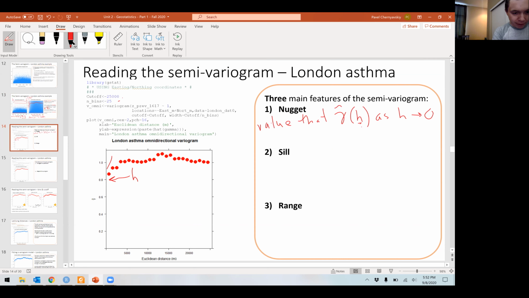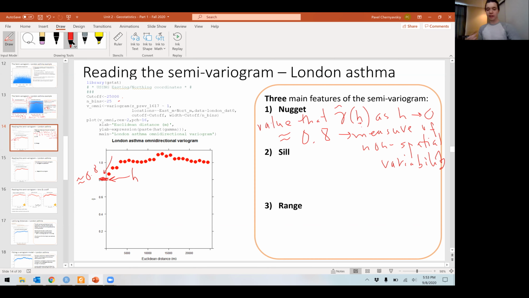Approximately 0.8. This is a measure of non-spatial variability. Because we're not letting our points get far apart.